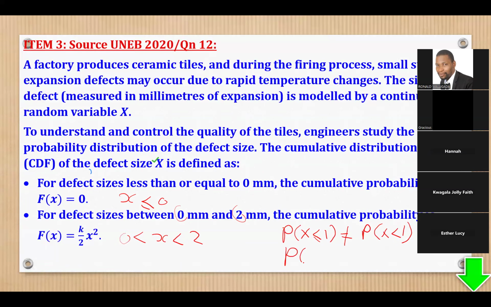But in continuous, these two are the same. So in continuous, these two inequality symbols mean the same thing. That is why here I can write this or I can write this.